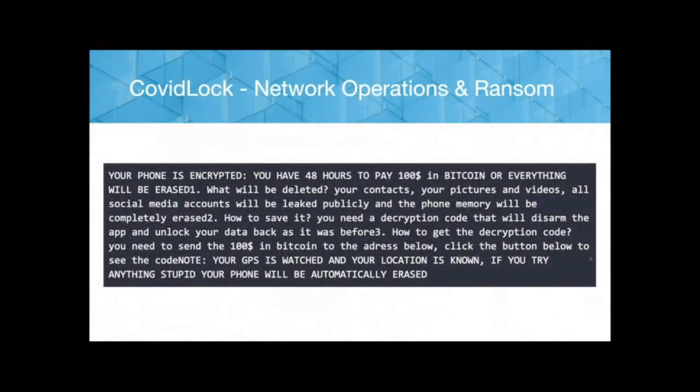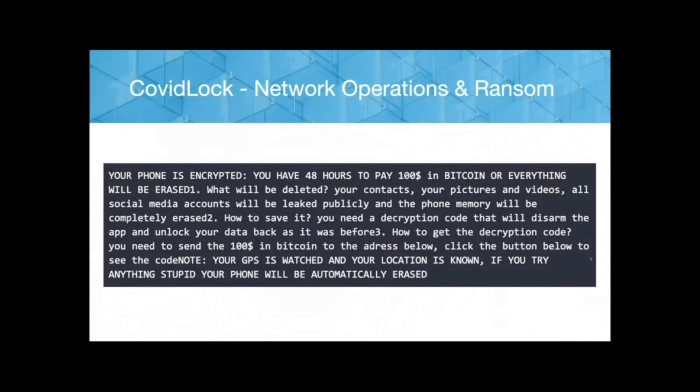And what we see here is part of the actual ransom note that gets displayed on victims' lock screens. What was interesting is that the CovidLock author statically embedded but dynamically called this ransom note. There are several pieces of this ransom note that are pulled together dynamically as well, some from Pastebin, some that are statically stored.